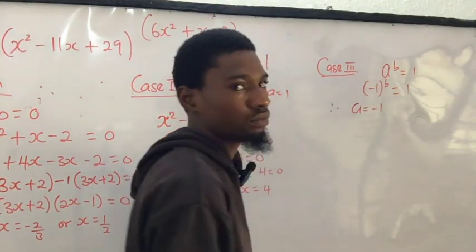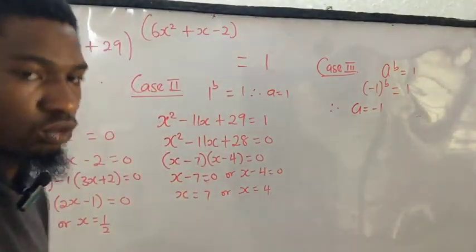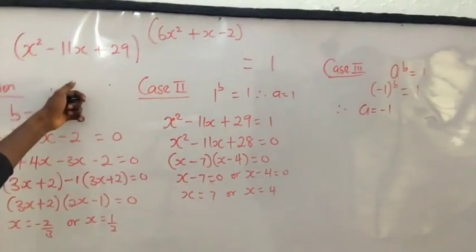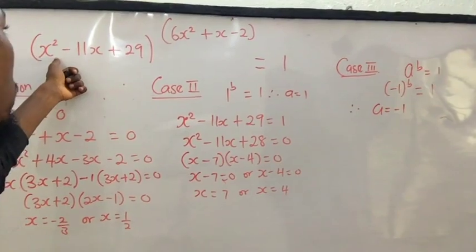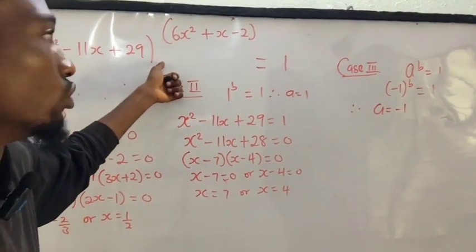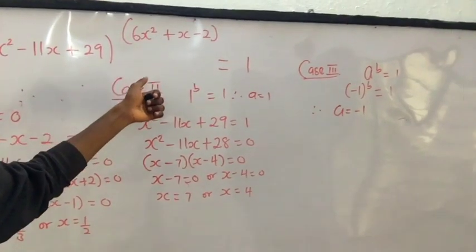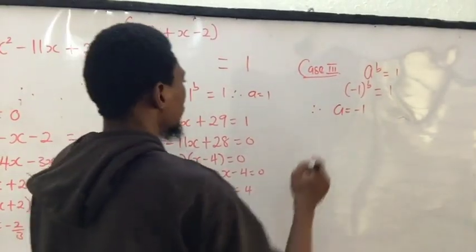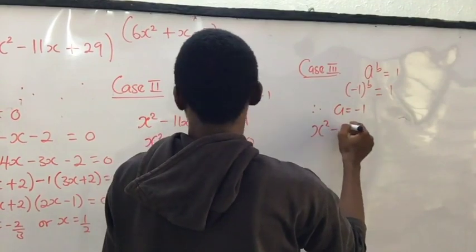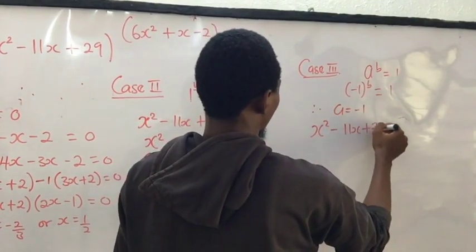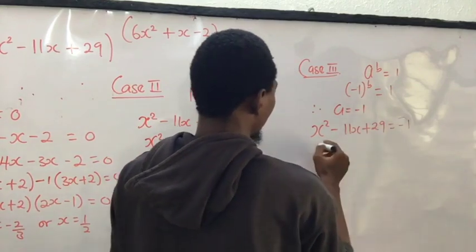A is minus 1. Okay, and don't forget from what you have here, from the given equation, we have a to be what? X squared minus 11x plus 29. Alright, so if that is the case, then you have x squared minus 11x plus 29 is equals to minus 1.